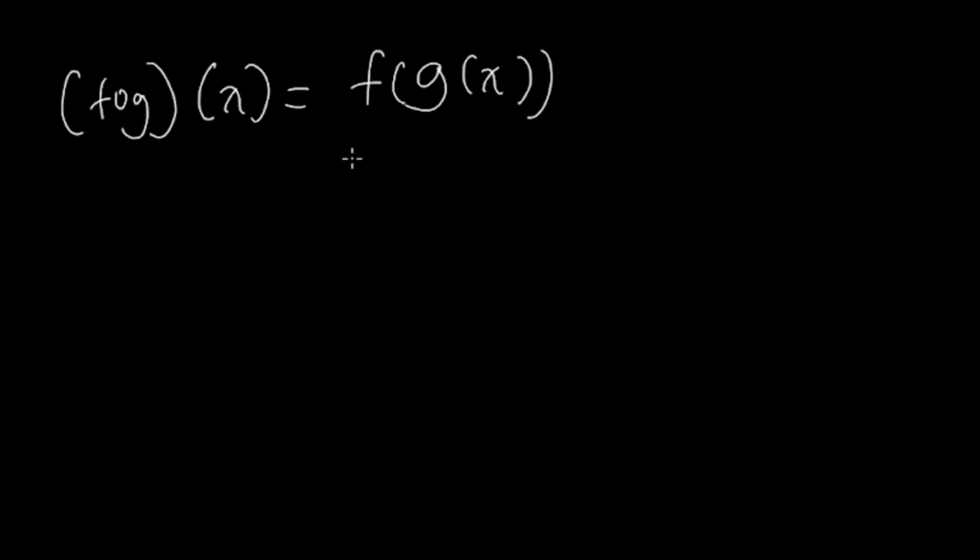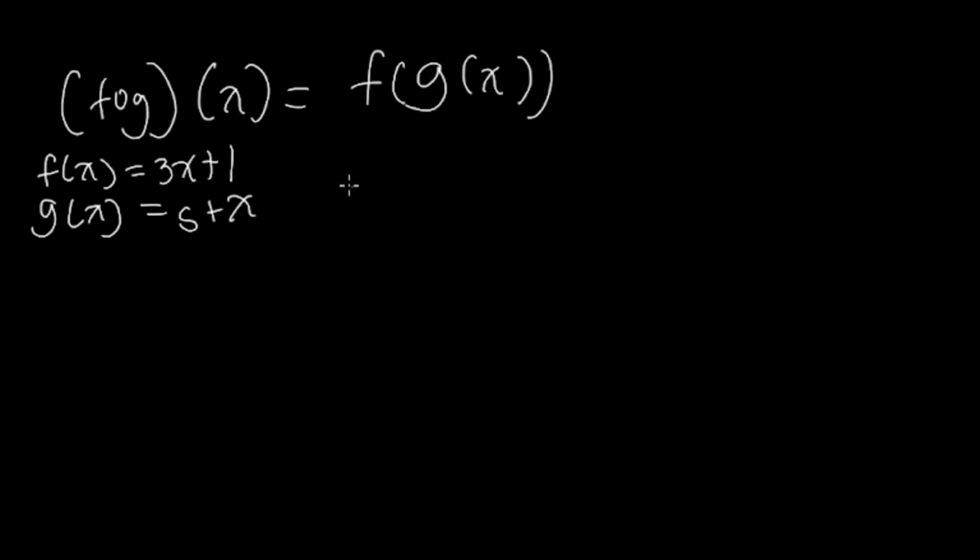First, let's consider this. Let's say f of x is equivalent to 3x plus 1, and g of x is equivalent to 5 plus x. With this in mind, let's try to solve for f of g of 2.